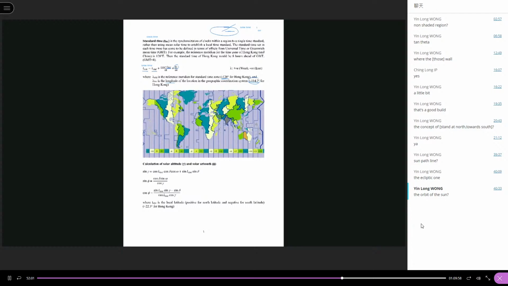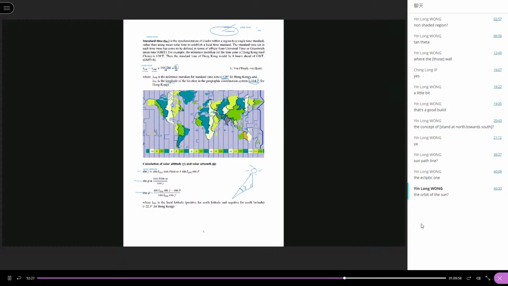And lastly, we have these three equations to calculate the solar altitude. What is solar altitude? The sun is over here, and the elevation angle is the solar altitude.